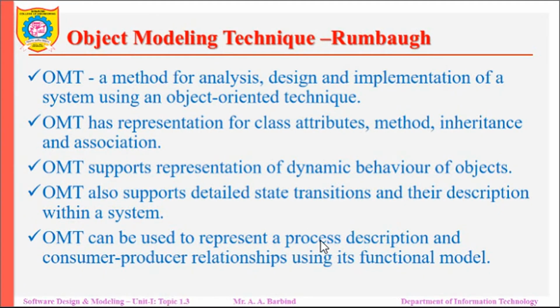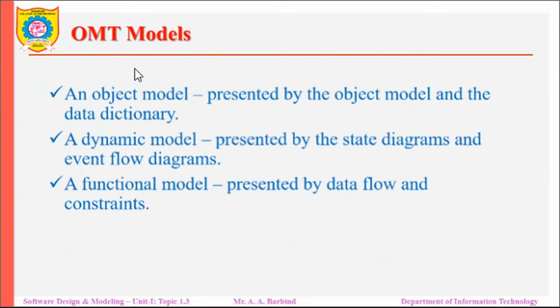OMT can be used to represent a process description and consumer-producer relationship using its functional model. So it used many graphical ways to prepare the design of software which is object oriented.